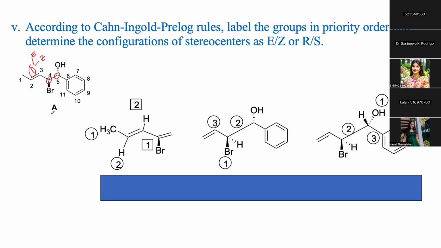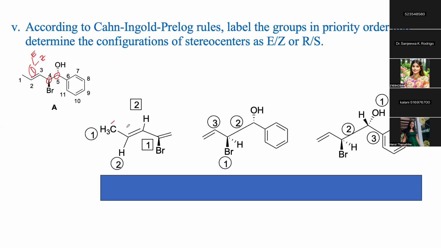Let's start with the double bond. You have a methyl group, hydrogen, and a carbon attached to bromine. Again, we use the same priority rules, according to atomic numbers.